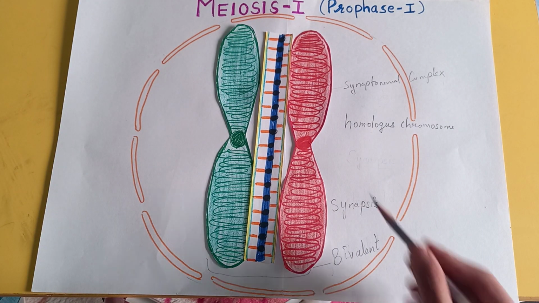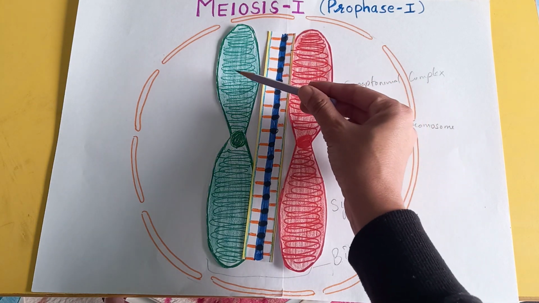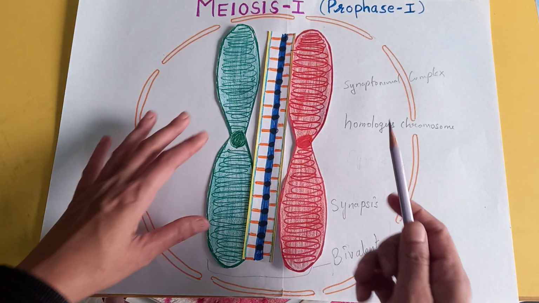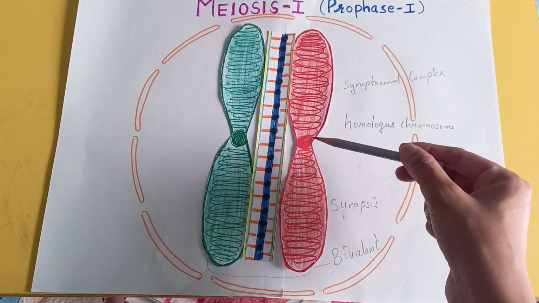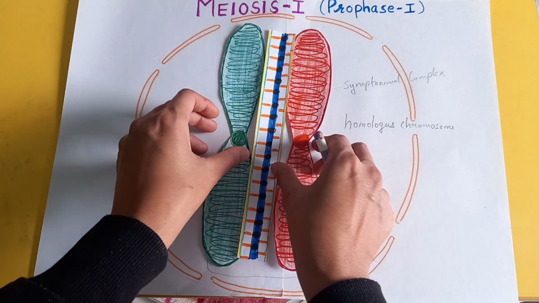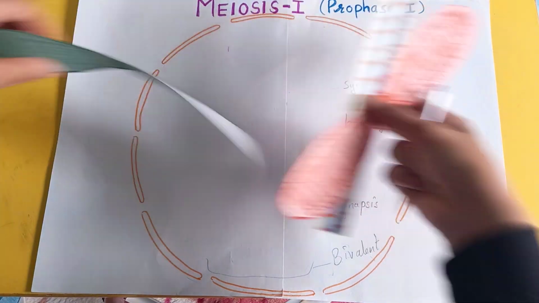So the synaptonemal complex, the chromosome from the father, the chromosome from the mother, and this complete structure is a bivalent. Now the chromatids will be clearly visible after this particular stage. We'll see how these chromosomes are going to look now.